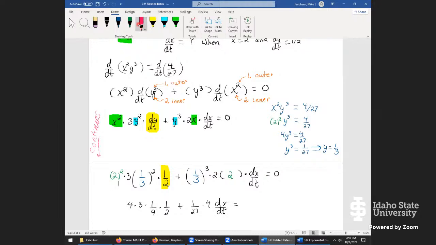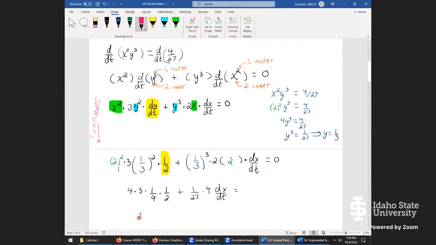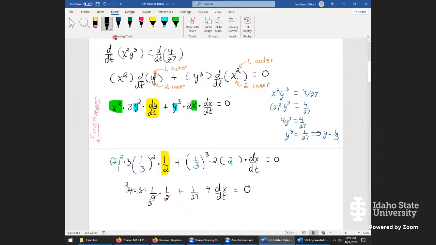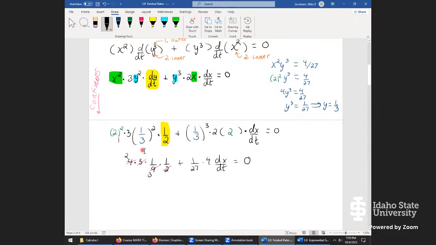Still set equal to 0. But before we get too involved, we can do cancellations over here. This 2 can cancel into the 4, leaving a 2. That's going to be hard to remember there's a 2 there. Let me do it like this for that cancellation. This 3 will cancel into the 9, leaving a 3 down below. I forgot to put my 0 on the right-hand side, so let's put that in.